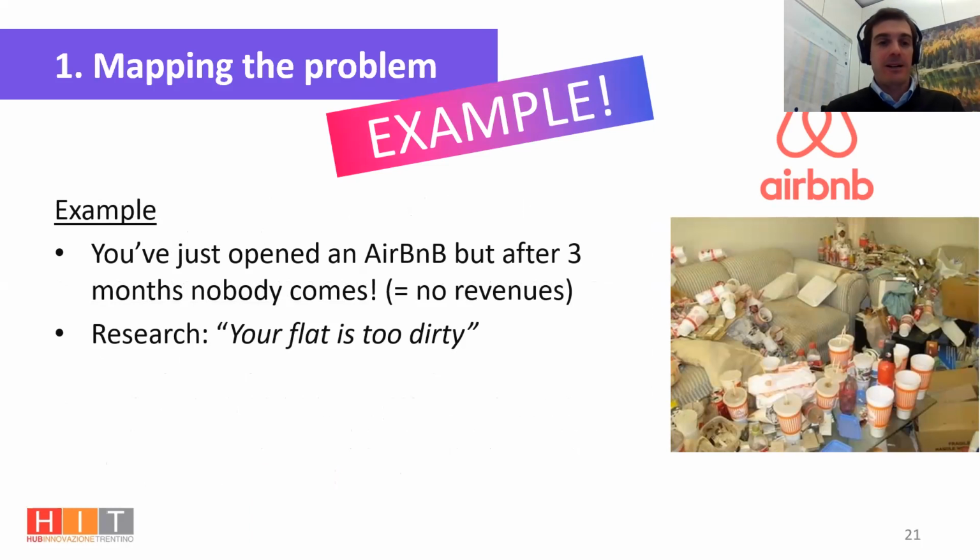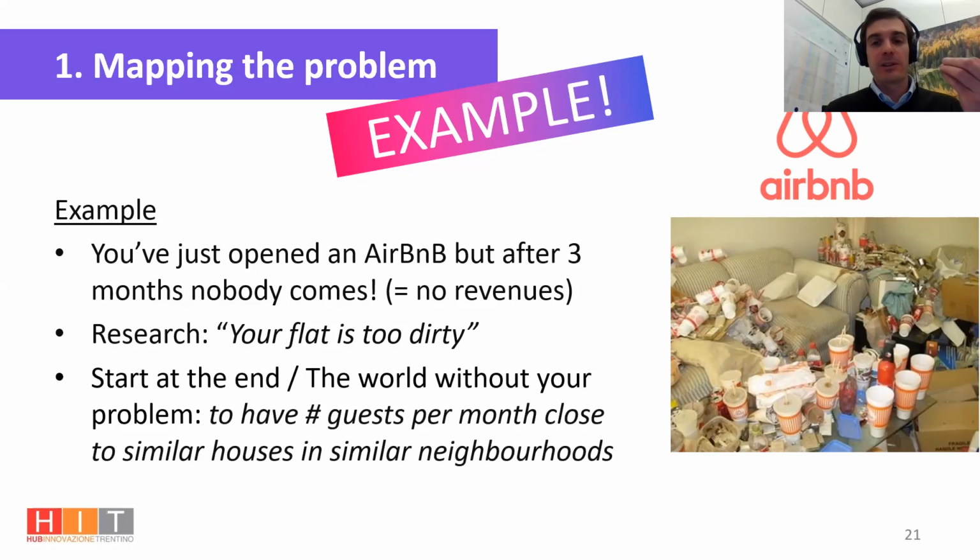So the world without the problem, or starting at the end for you, would be to have a number of guests per month close to similar houses in similar neighborhoods. So it's not enough to clarify what your problem is, but you also want to envision a final scenario where your problem is gone.